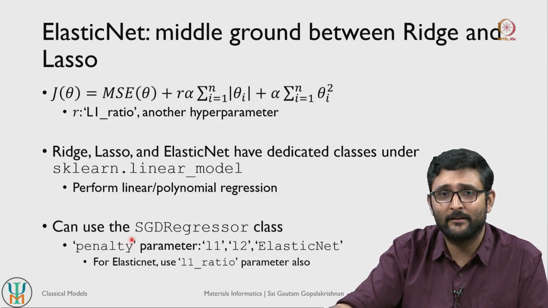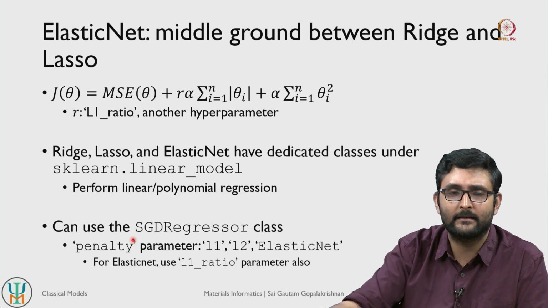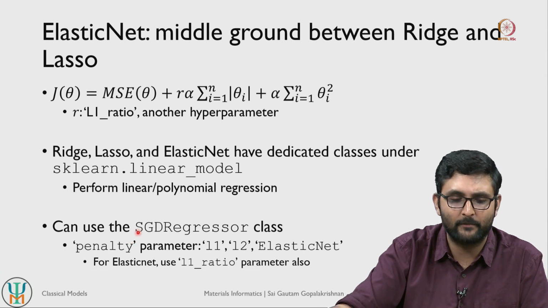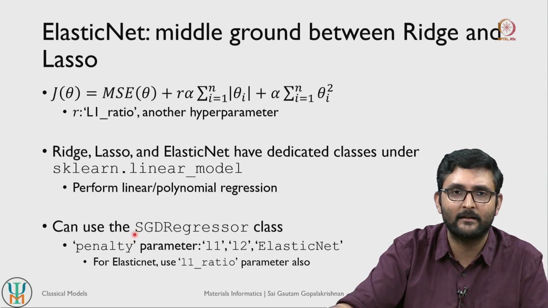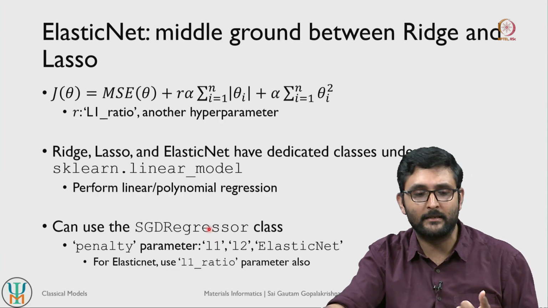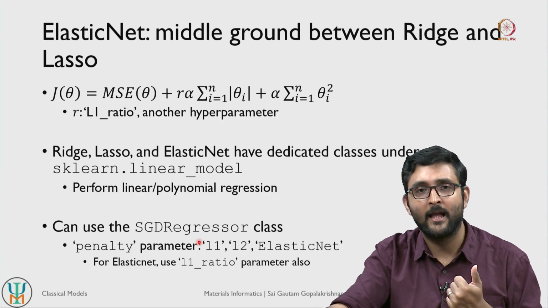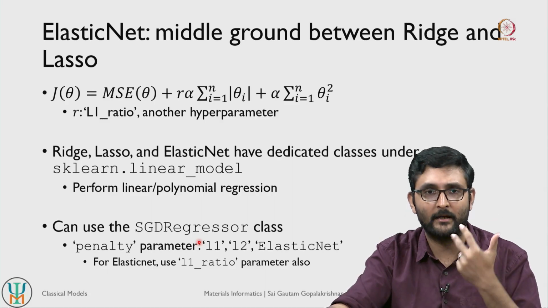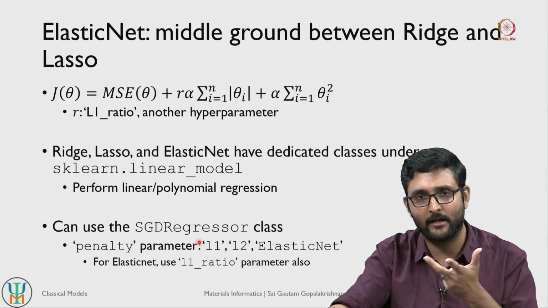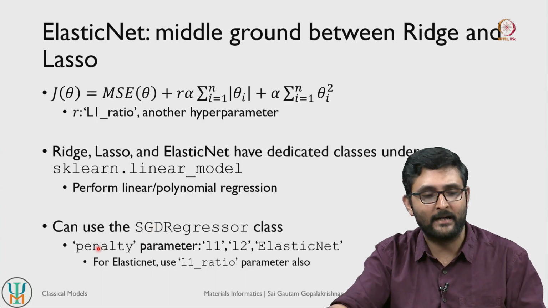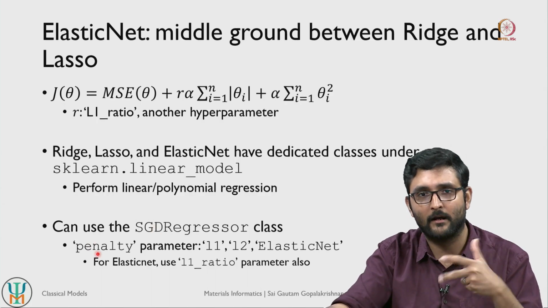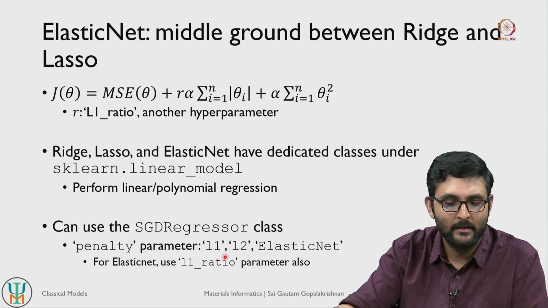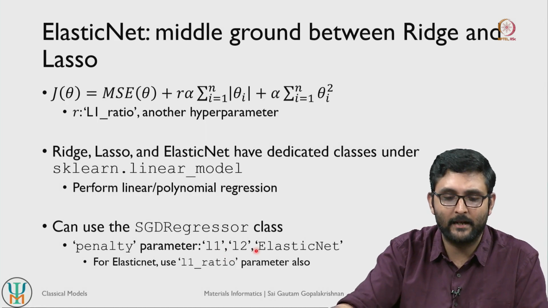Another nice way to use these regularization options is to simply use the stochastic gradient descent regressor class. Remember that SGD regressor has options to do batch, stochastic as well as mini batch gradient descent, so it has all three options. In addition it has a penalty argument which you can define as either L1, L2 or ElasticNet.